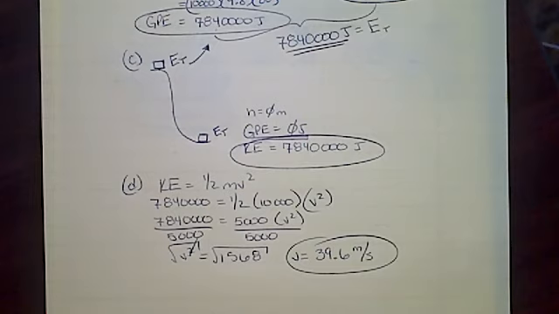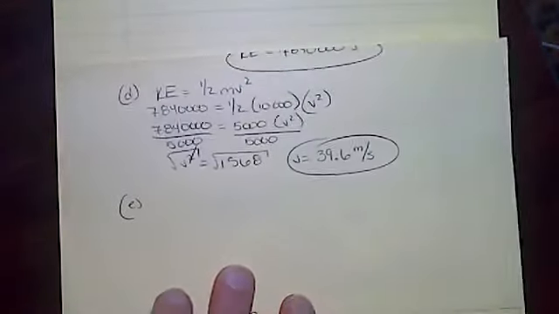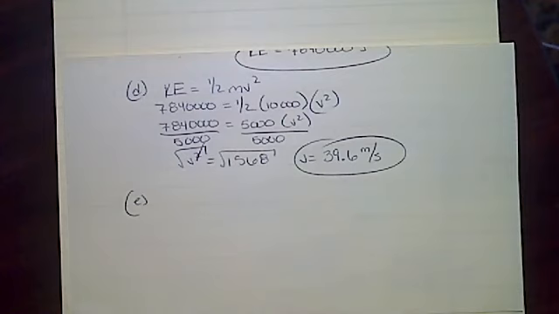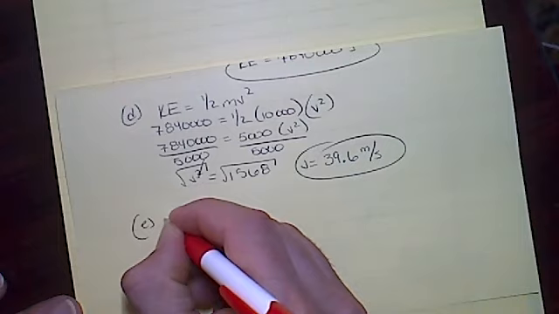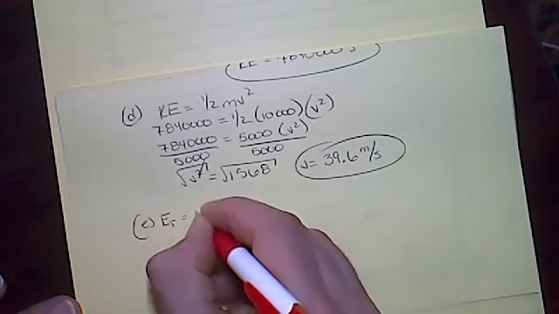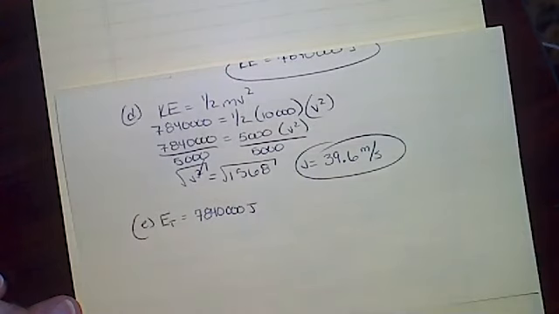All right, E. Let's move on. Almost done, guys. Almost done. We are on E now. So calculate the GPE and KE of the car when it is 50 meters high. Okay, so we know that this car started off with a total energy of 7,840,000 joules.